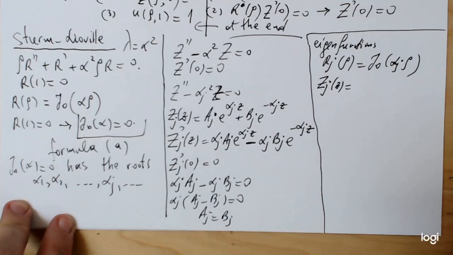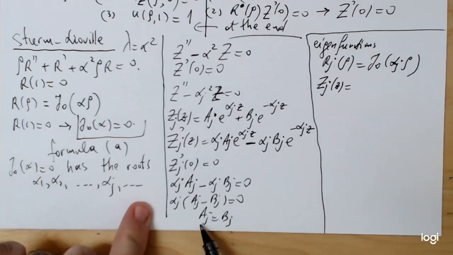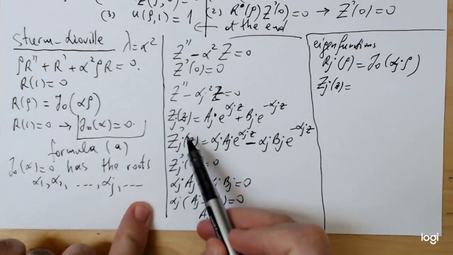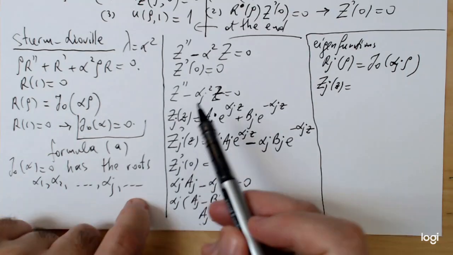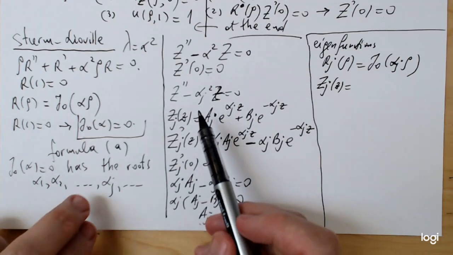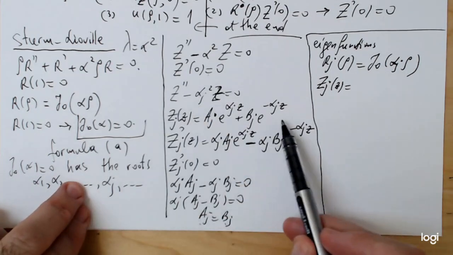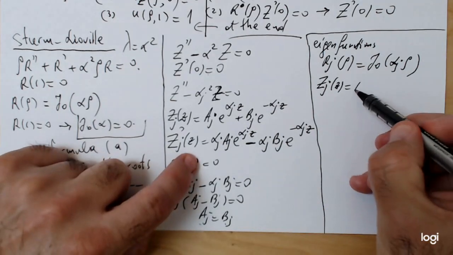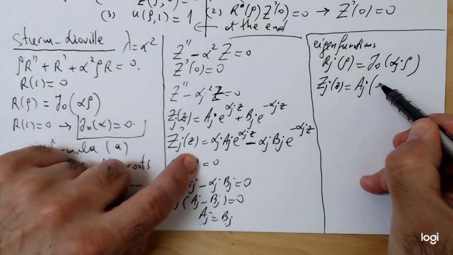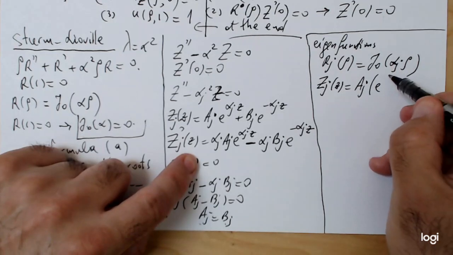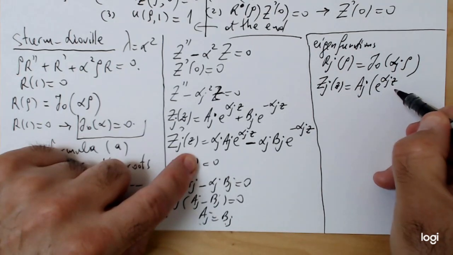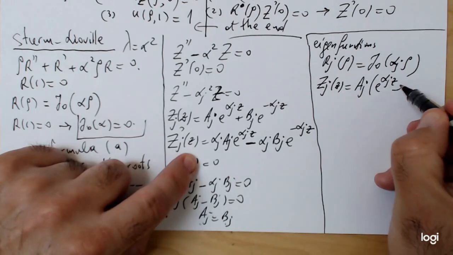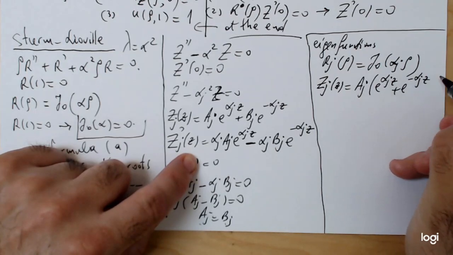a solution for the Z equation, which again, if Aj is equal to Bj, going all the way back over here, you can replace Bj with Aj and factor out. So Zj is e to the alpha j little z plus e to the minus alpha j little z.